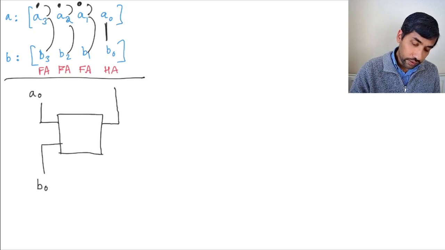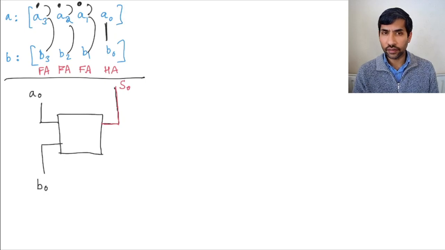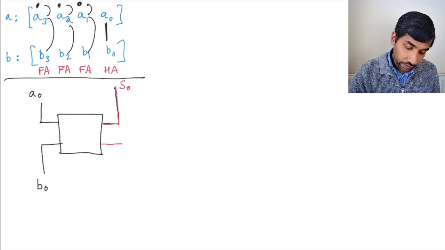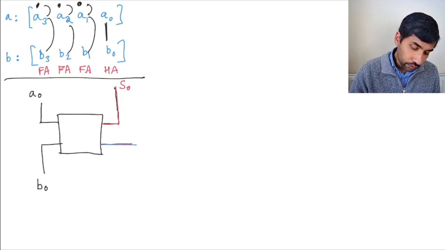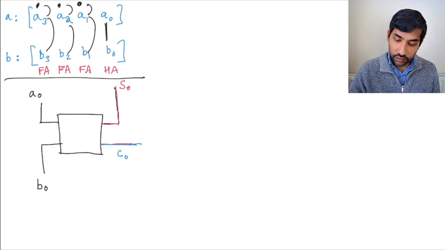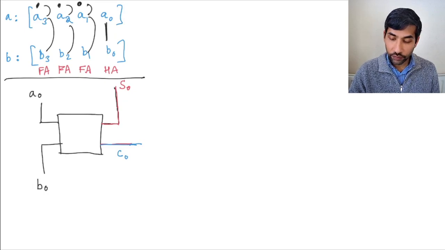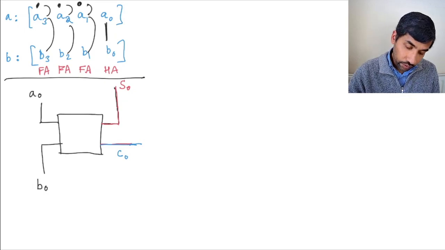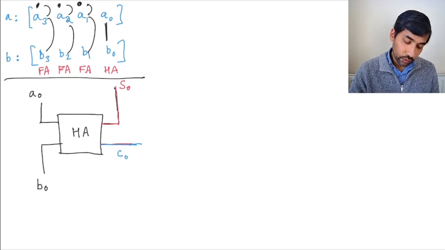Let's write the sum in red, so that's the first bit of the sum, S0, and then you have the carry. Let's write carry in blue, so this is C0. This circuit is a half adder because it takes only A0 and B0.